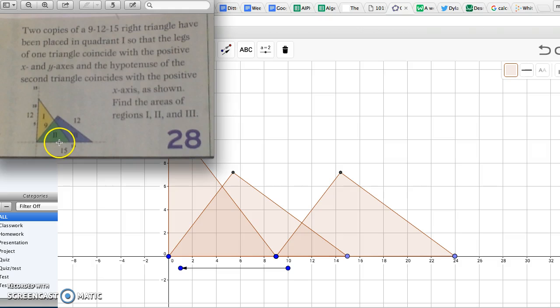I think it does have to be, because again, this whole deal is 54. 27 of it is covered up, but the rest, 27, is not covered up, right? So I think every single region is 27. The regions 1, 2, and 3 are all 27.